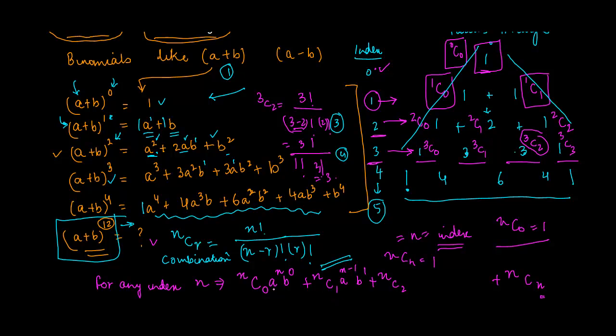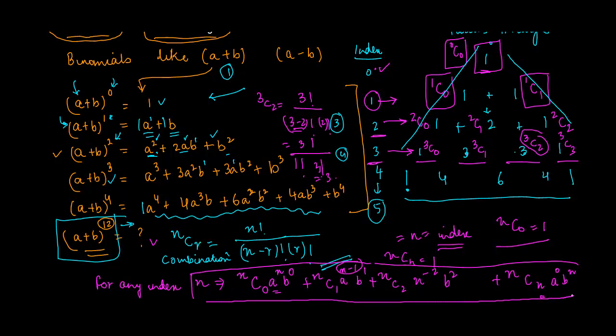Why? Because a's power will reduce by 1 and b's will increase by 1. Similarly here, a to the power n minus 2, b to the power 2. And ultimately a will become 0 and b will become n. So this theorem, which is so formed, is known as the binomial theorem.